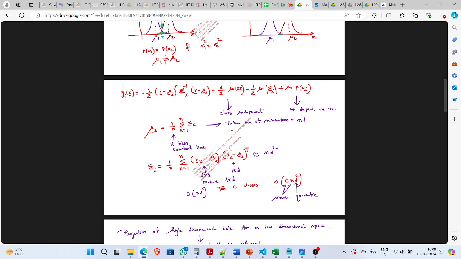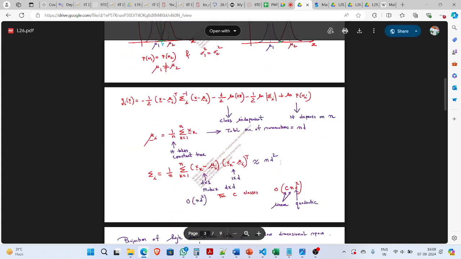there are total n summations while calculating the sample mean that we have used here. Another is the sample covariance here. It is proportional to d square dimensions.